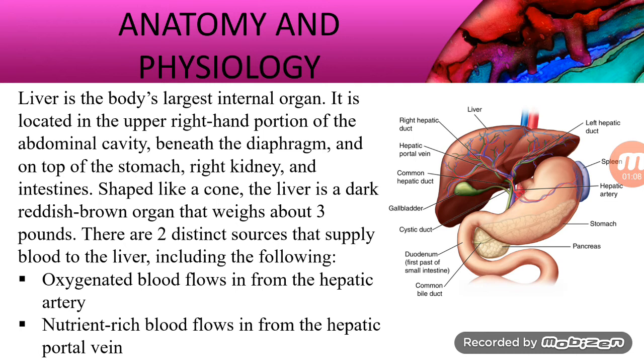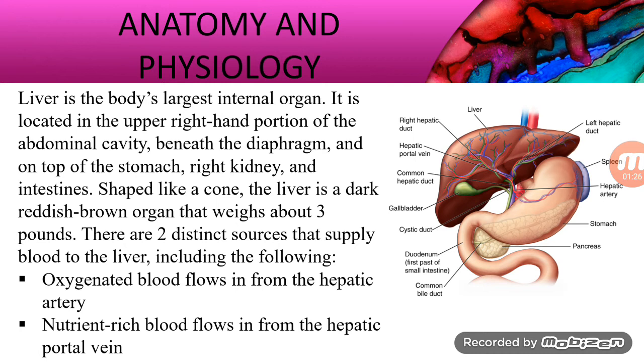Its shape is cone shape, its color is dark reddish brown, and its weight is approximately 3 pounds. And in the liver there are two distinct blood supplies.